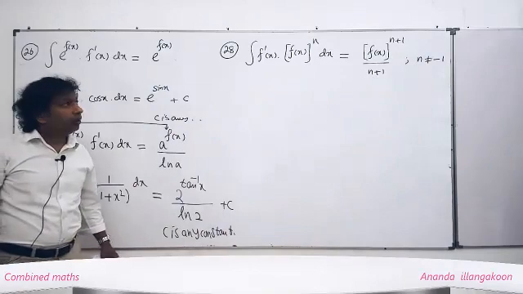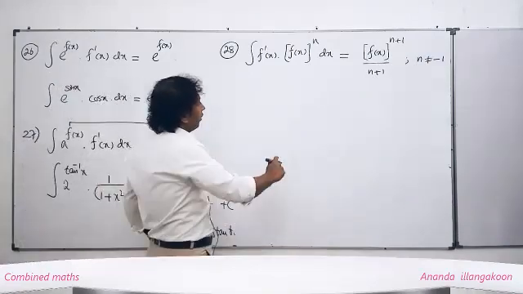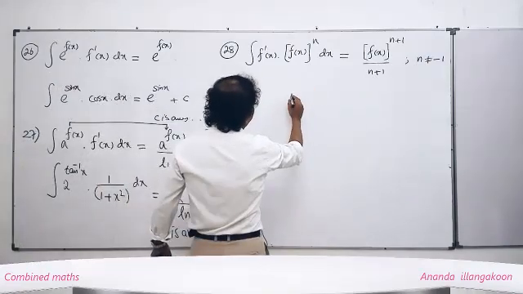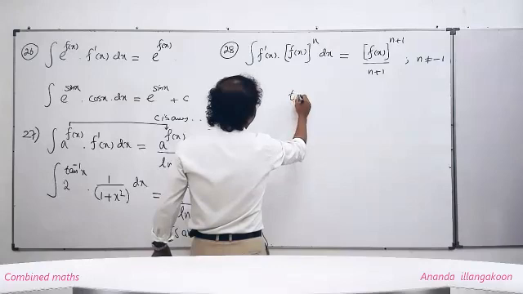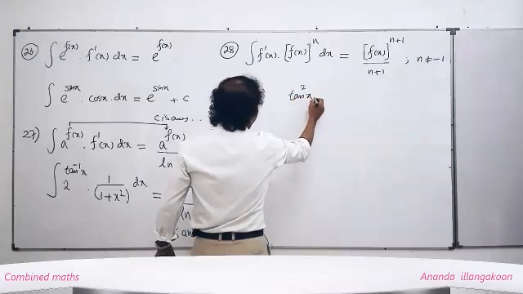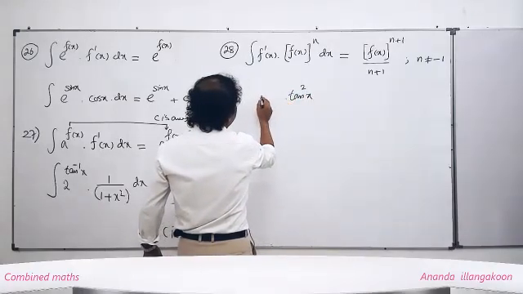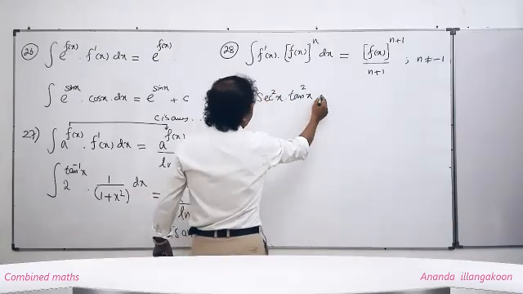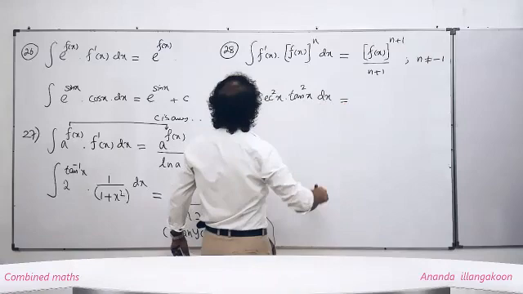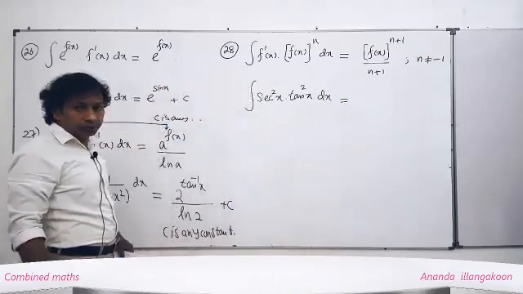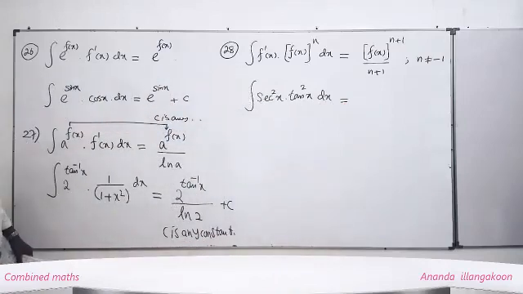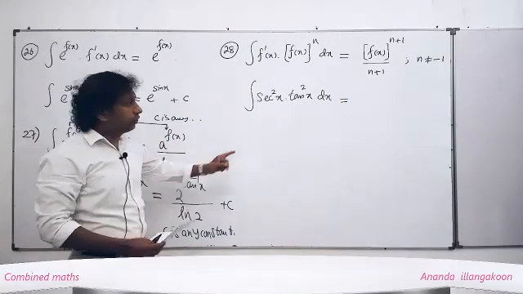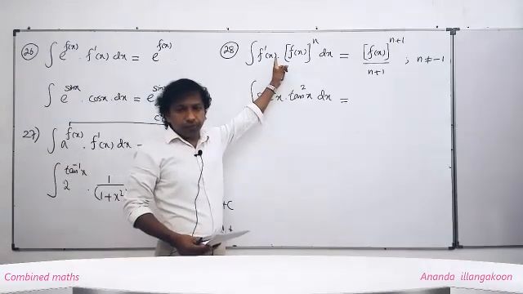Right? People, for this we can take one example. Shall we take this one? Tan squared x sec squared x integral dx. We can take the integral of this by matching this with this.